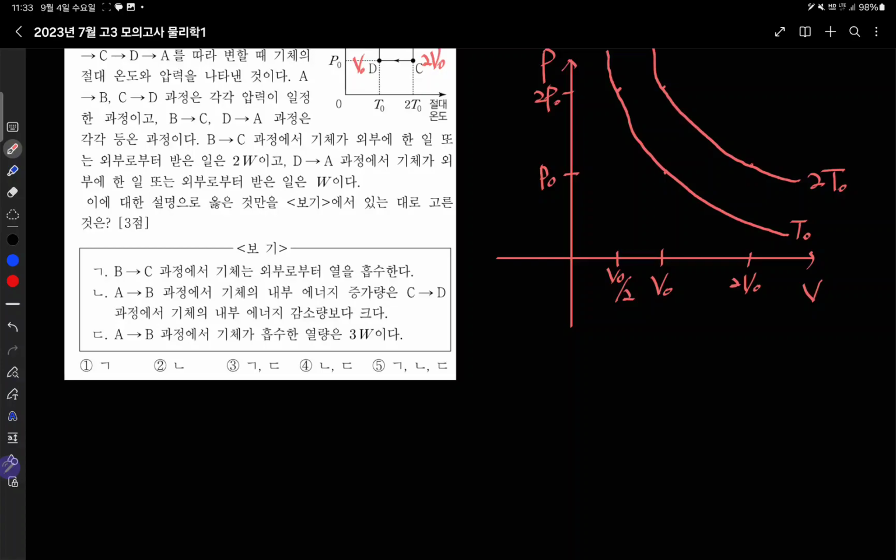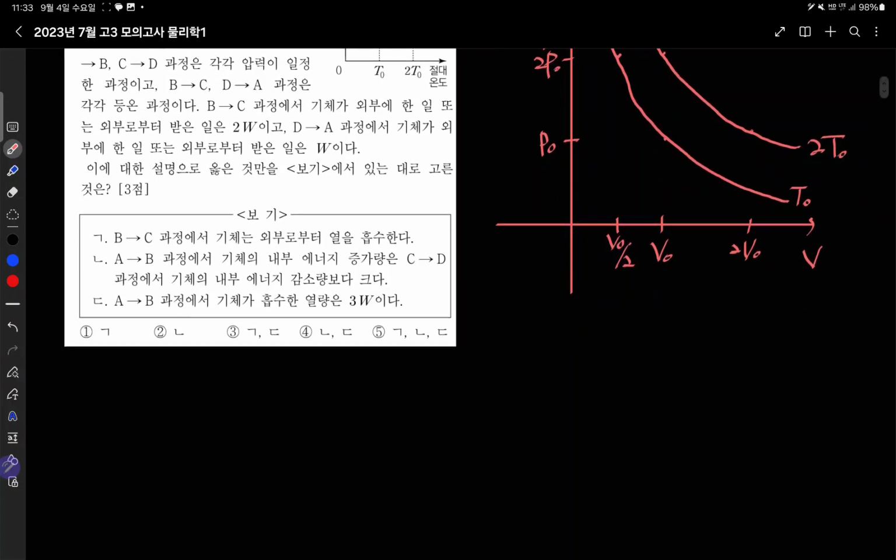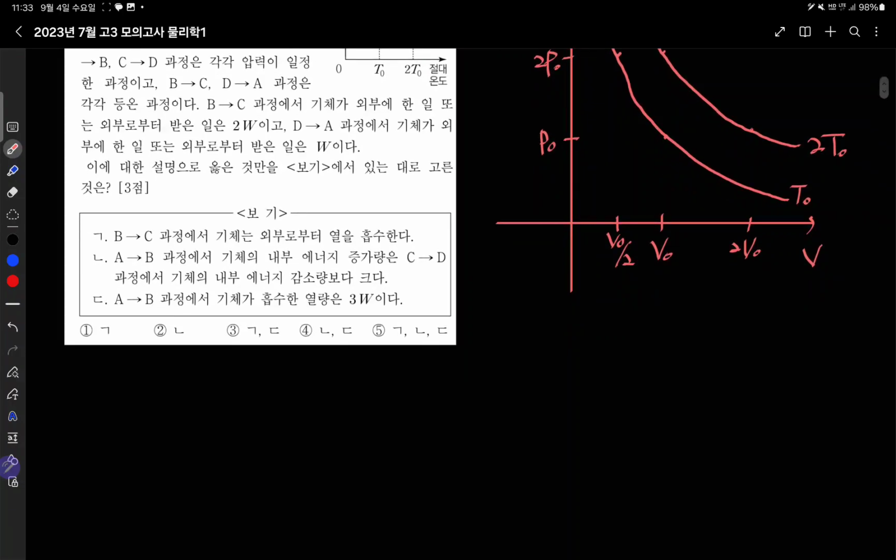And according to the first law of thermodynamics, the amount of heat is equal to the change in the energy of the gas plus the amount of work.